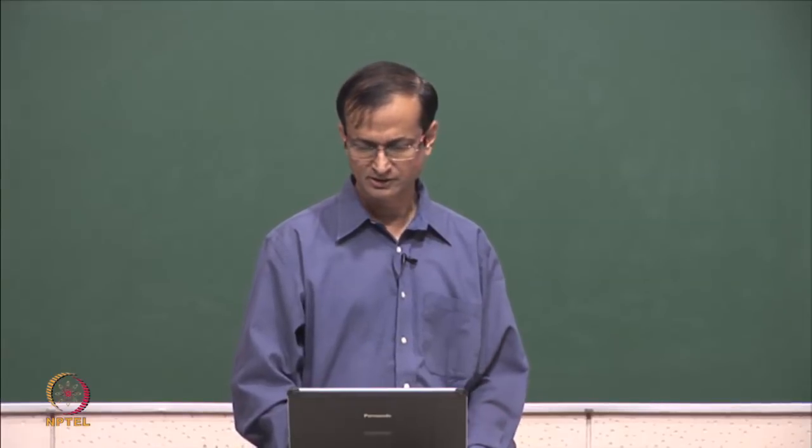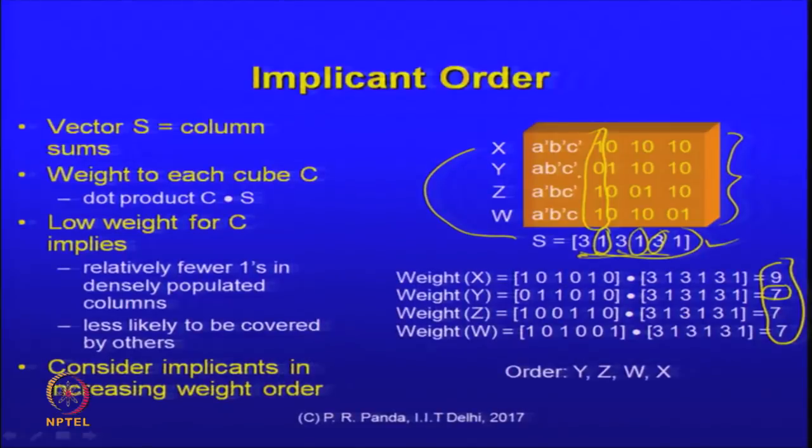That is the intuition. So, less likely to be covered means that we can consider the implicants in increasing weight order. Our first cubes to be processed could be the ones that have lower weight, because those cubes are likely to stay in the final result. But the other ones, because there is a relatively larger overlap, are candidates for dropping.